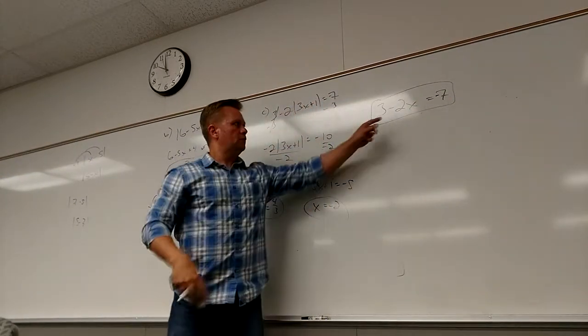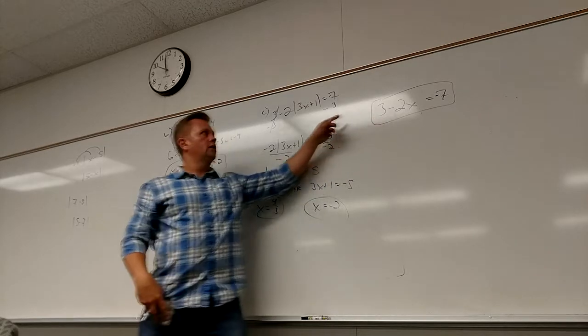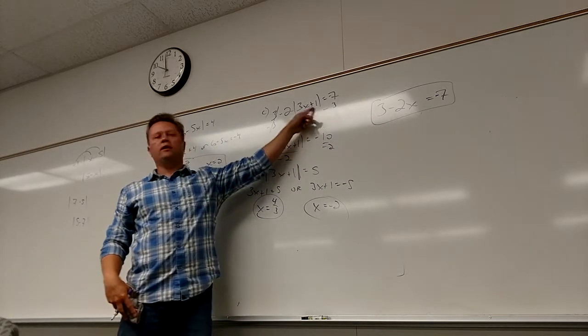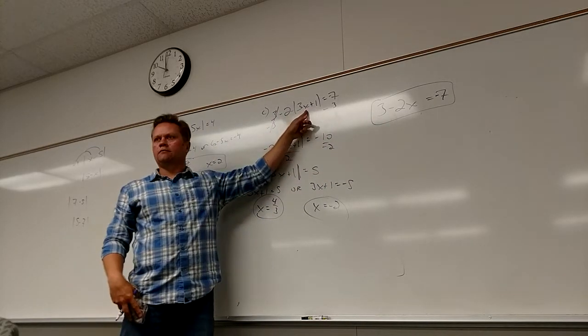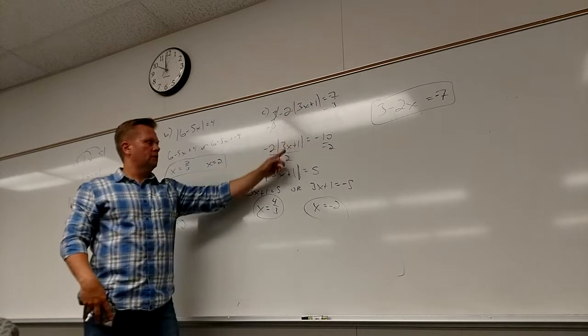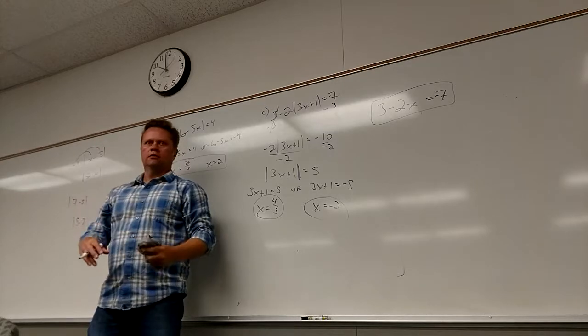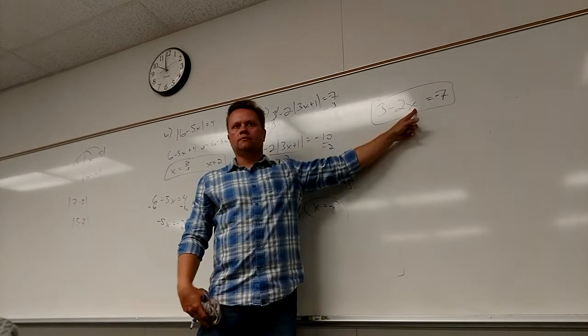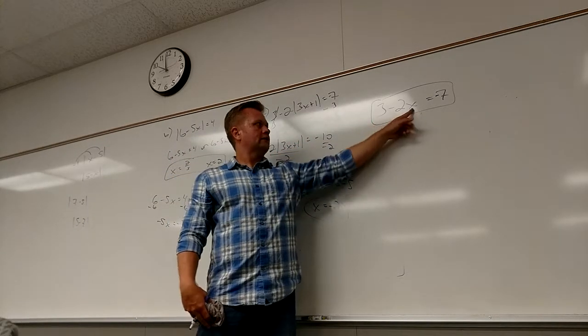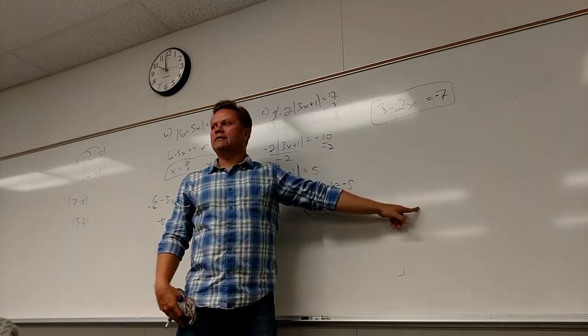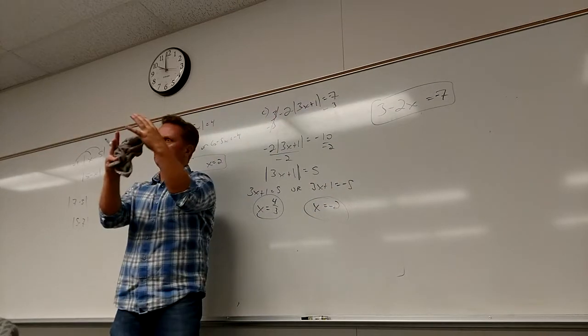And to be honest, the people that are good at math kind of do this naturally. I look at this, I don't care about 3x plus 1. It's 3 minus twice something. It's -7. So let me get the something by itself, and now I can start tackling the parts of that thing. But at first, I look at it like this: 3 minus twice something I don't know. Let me get the something I don't know by itself, and then I can start tackling the parts of that thing that I don't know.